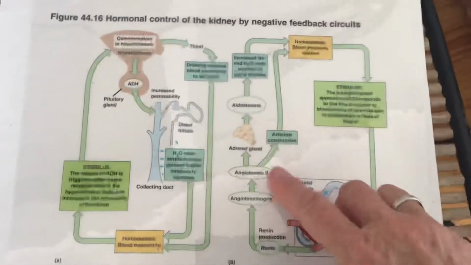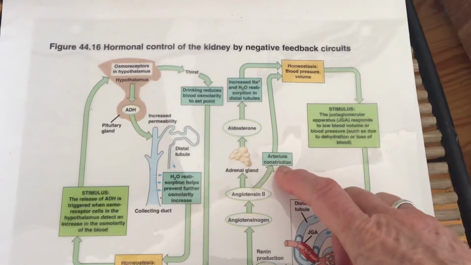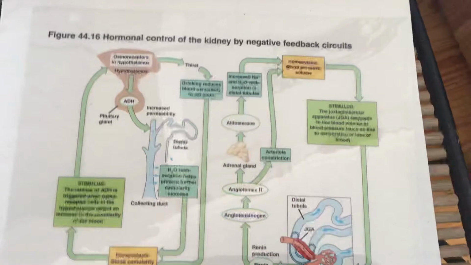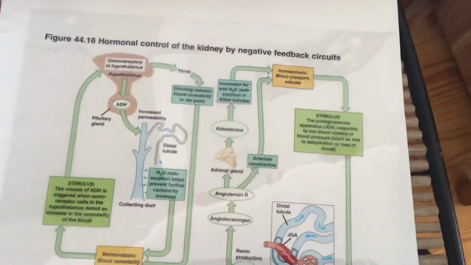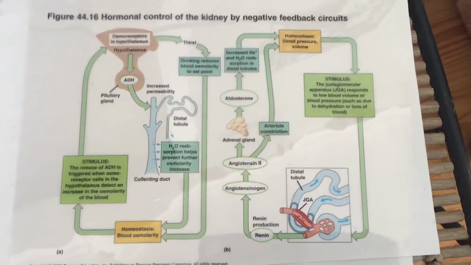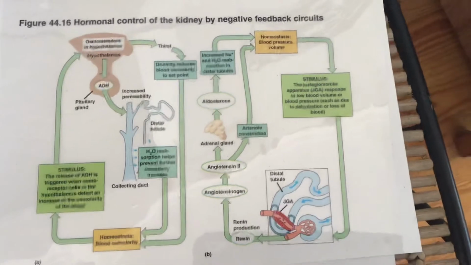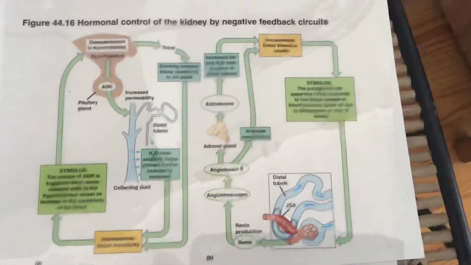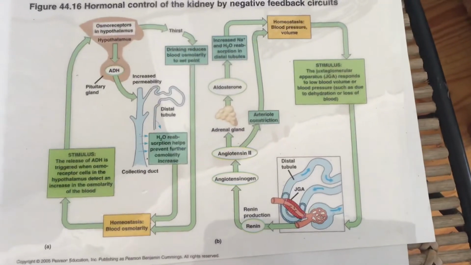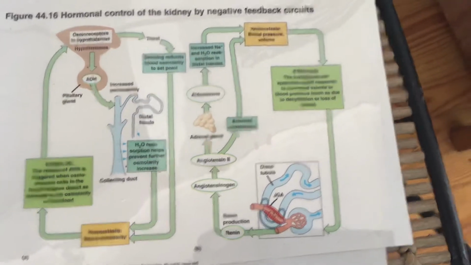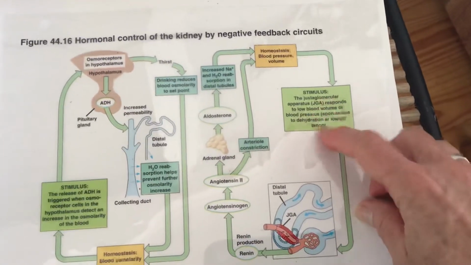And this hormone also causes arterial constriction, which means that it's kind of like making your blood pressure go up. In other words, it's sort of like holding your finger over a hose, and it causes the pressure to increase. So both of those make your blood volume go up and your blood pressure go up to counteract that loss in volume. And of course, the stimulus to that over here is the loss of blood or loss of fluids.